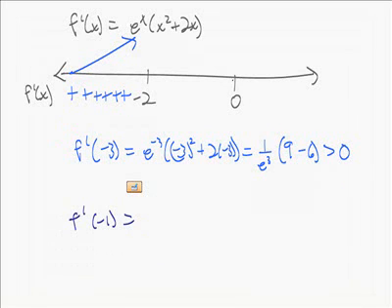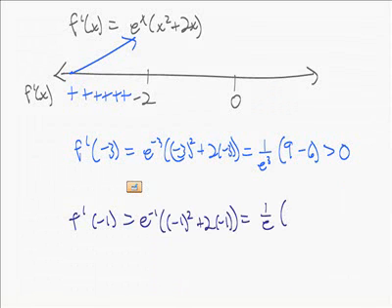So just pick some value between negative 2 and 0 to see what's going on in this interval. That's e to the negative 1, which is positive, times negative 1 squared plus 2 times negative 1. So that's 1 over e, which is positive, times 1 minus 2. That's a positive times a negative, so it's going to be negative there. So the derivative is negative. That means the function is decreasing.